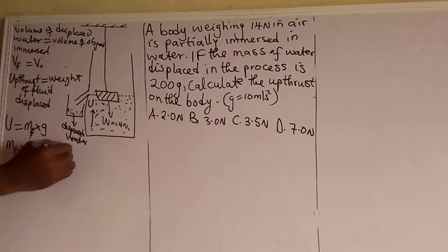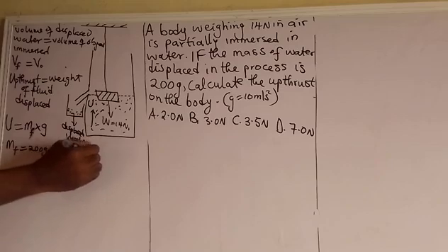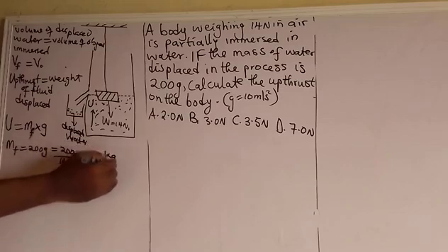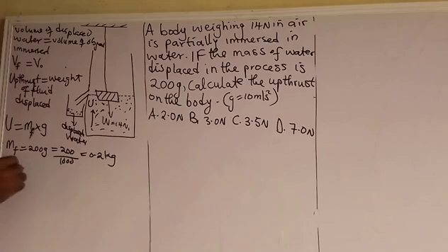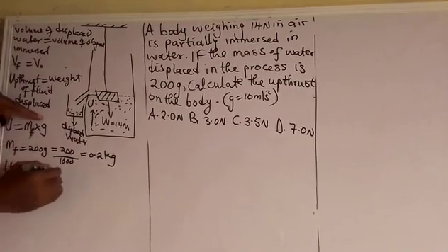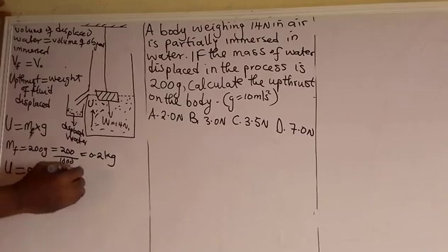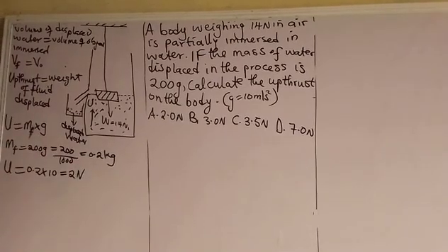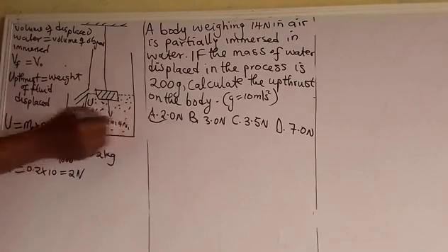Of course, put it in SI unit, you divide the 200 by 1000, that will become 0.2 kg. In that case, upthrust becomes the mass, 0.2 kg, multiplied by acceleration due to gravity 10. The value will be 2 Newton, and that is option A.